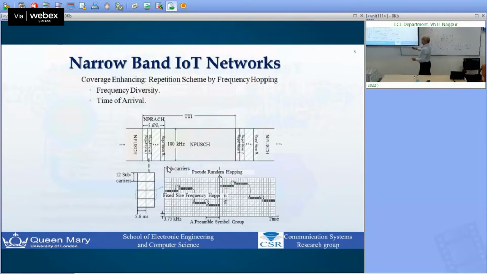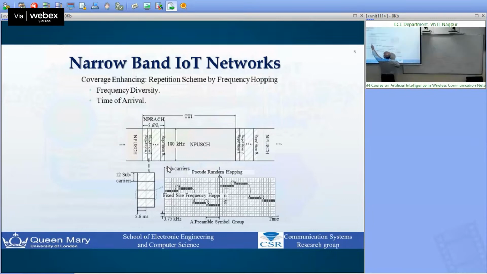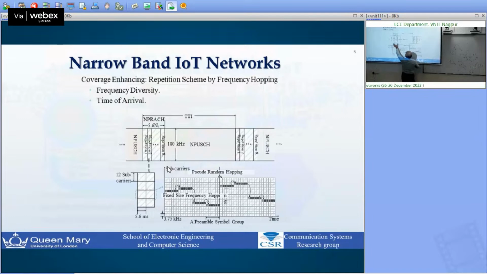If you see here, this one transmission time interval is, for example, around 600 milliseconds. In this 600 milliseconds, here the repetition is 1, 2, 3. Here is the physical random access channel: the first 5.6 milliseconds has repetition 1, 2, 3, 4 like this.